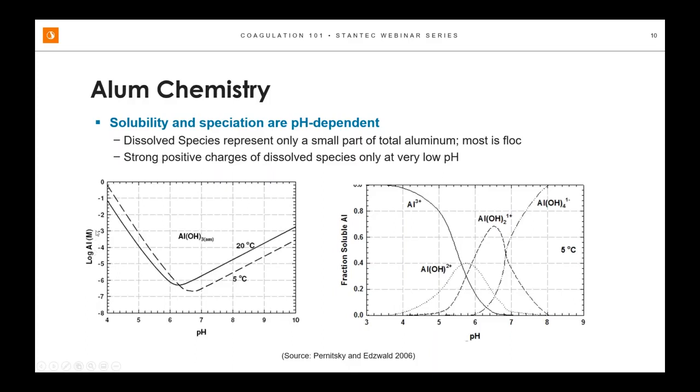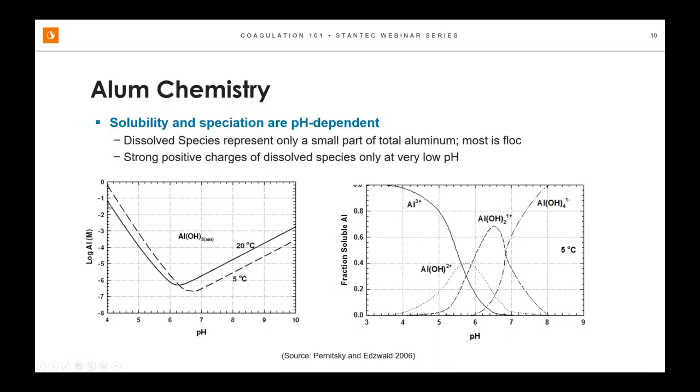Okay, so that's not the world's most user-friendly graph, but think of it this way. What this graph shows is at any given pH, let's just take pH 6. If you were to add alum at pH 6, you would find that 10 to the minus 6 would be the dissolved aluminum concentration, and the rest of it would be solid floc particles.